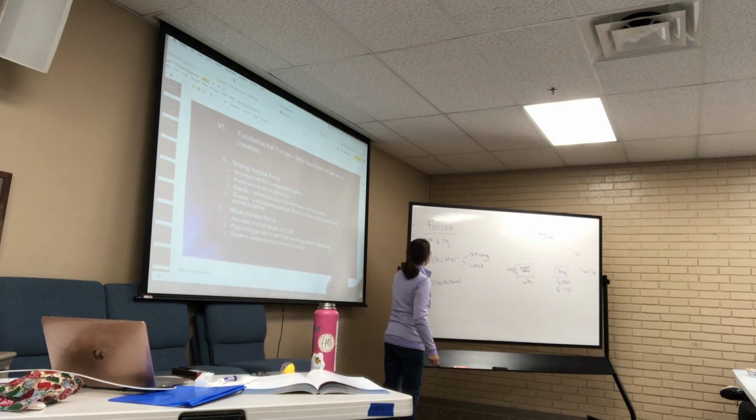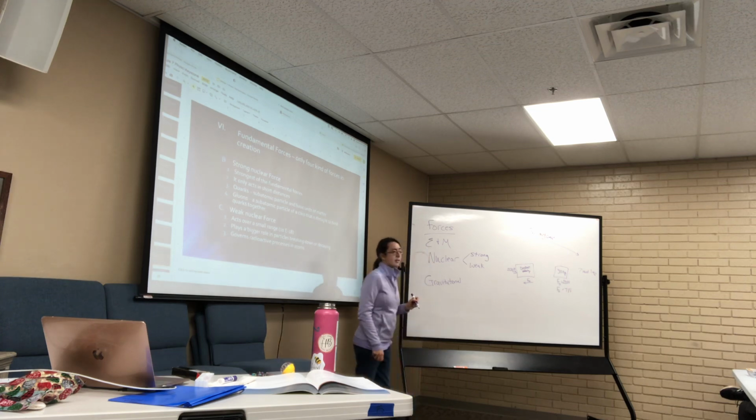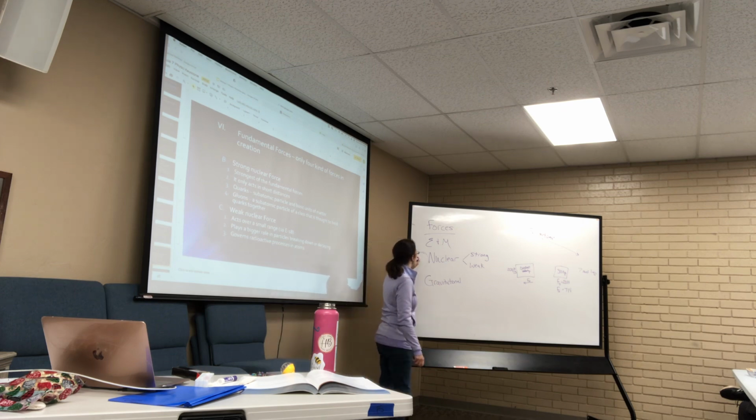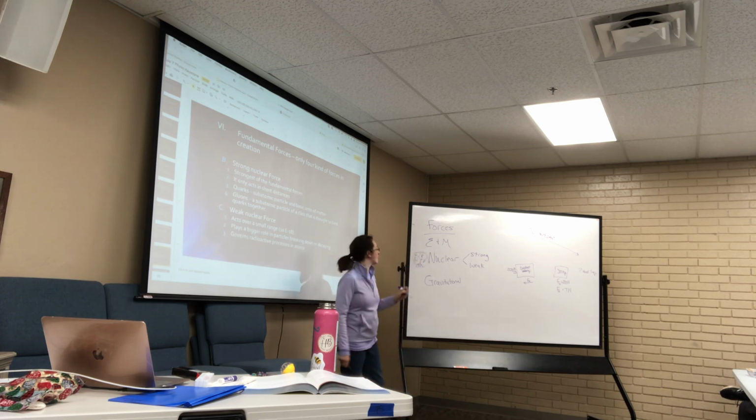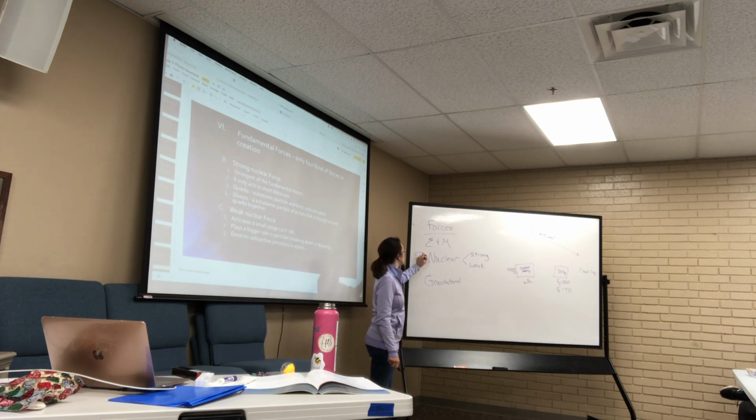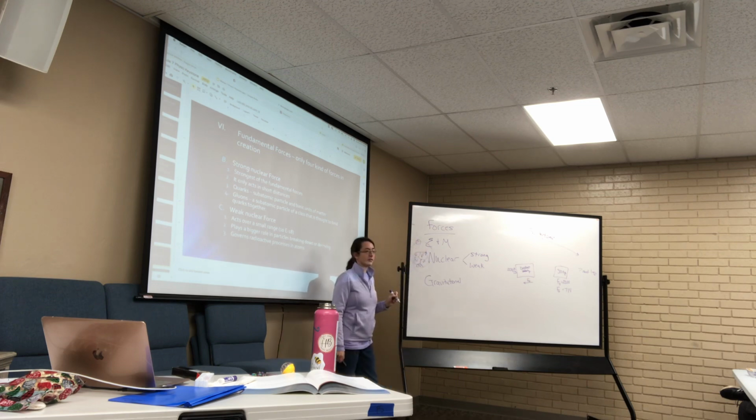That's because everything is made up of atoms, okay? And the inside of our atoms is the nucleus, right? We've got our protons and our neutrons all in here. We know that our protons are positive and our electrons are negative, right?